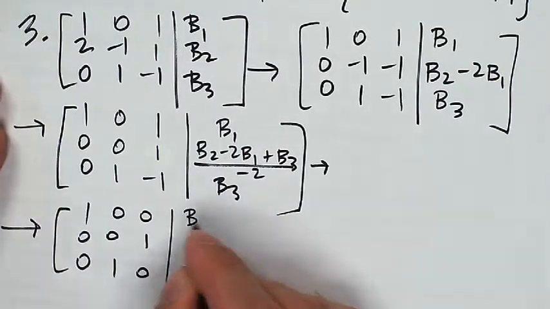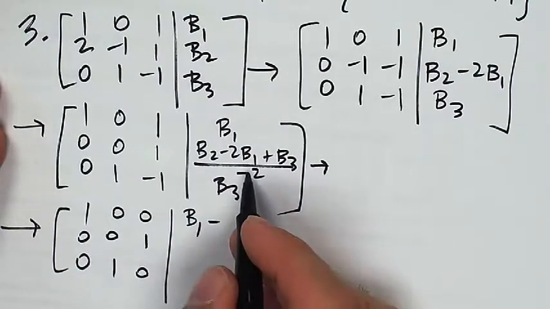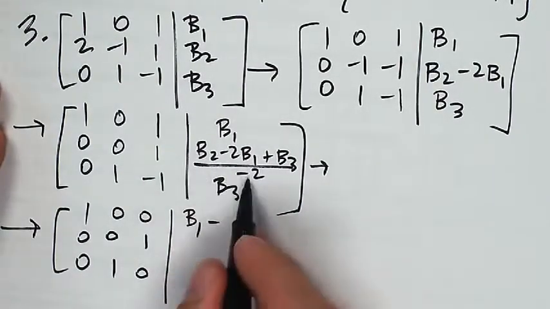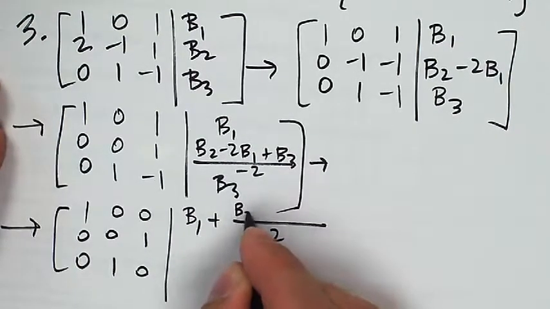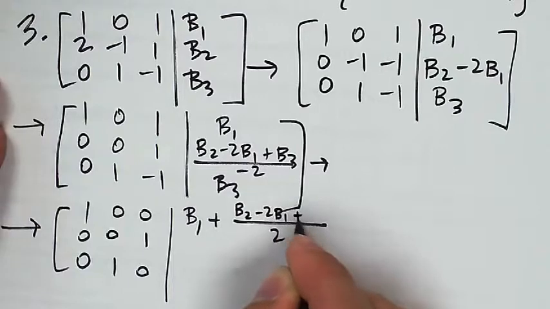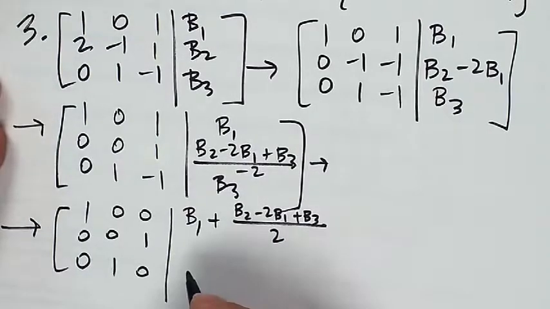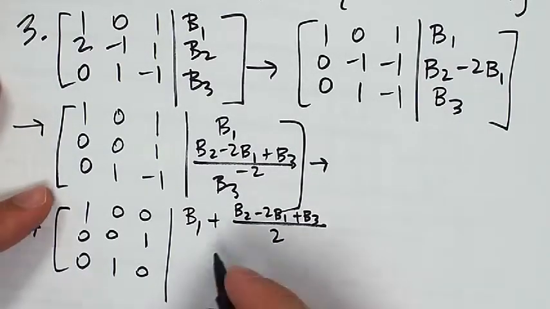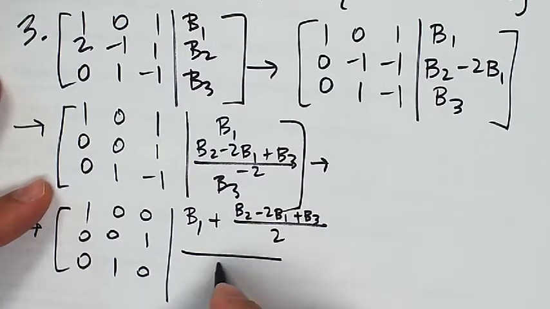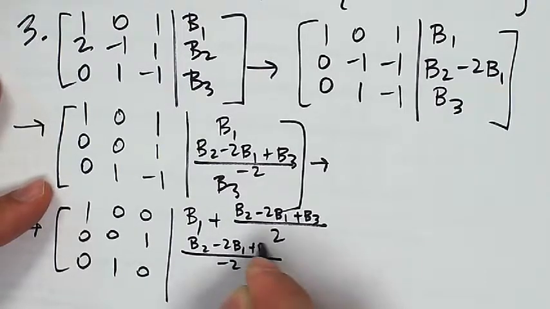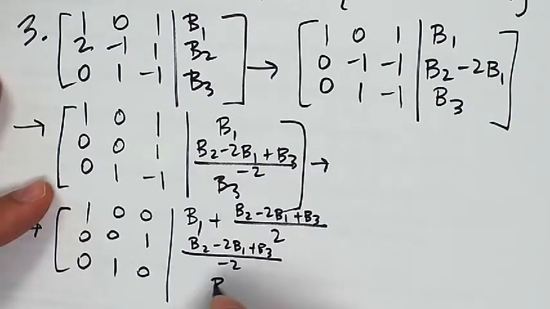I had b1, and now I'm subtracting that thing divided by negative 2, so I'm going to add that divided by 2. And then this is that bad fraction. Divide by negative 2, b2 minus 2b1 plus b3. And then over here, just b3.